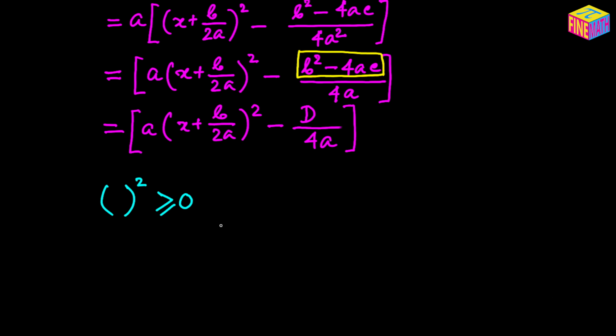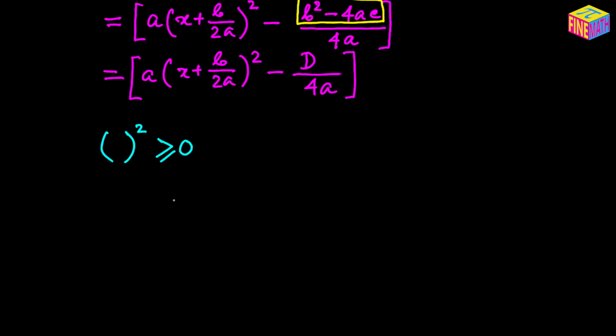This is an extremely important inequality that we have to remember always in maths. If you are talking about real numbers, not complex numbers, then the square of any real number is always greater than or equal to 0.